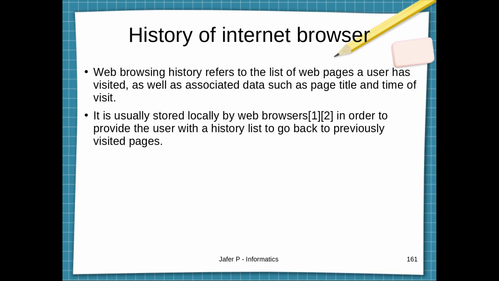So the history of web browser is stored in local system, not in internet. For example, if you are searching many data from your computer system, the history of the web browser will be stored in your system, not in internet.